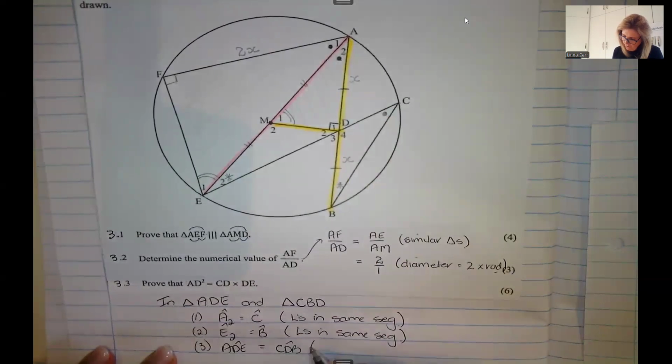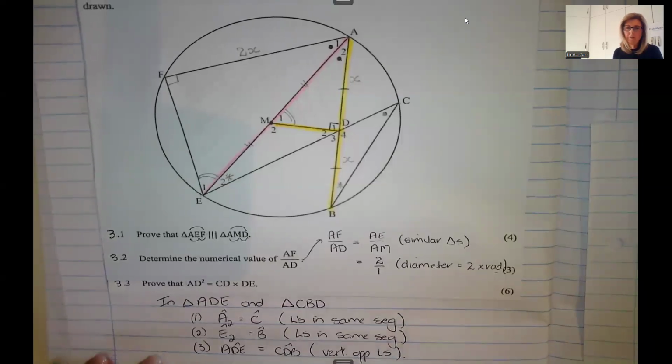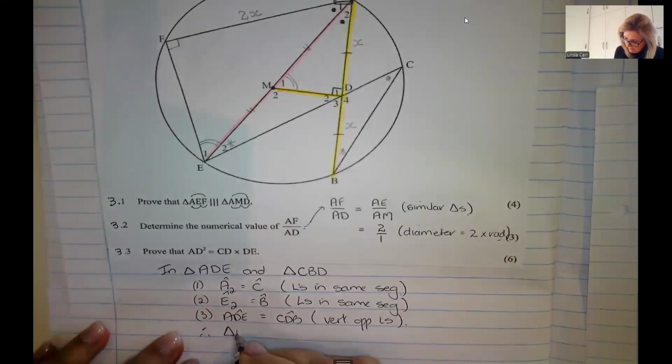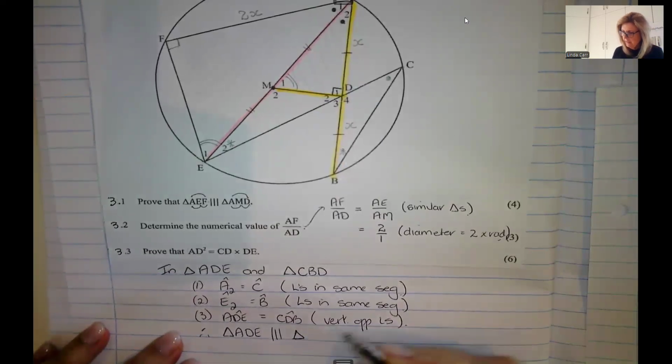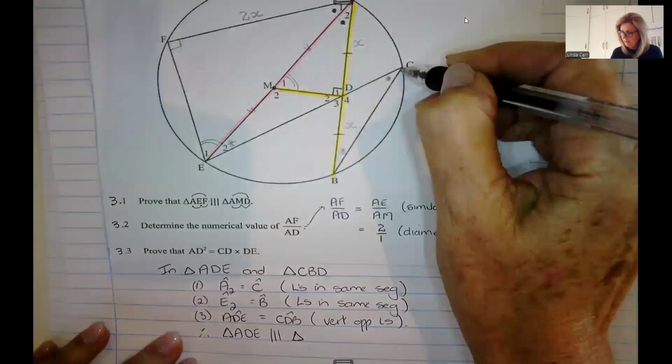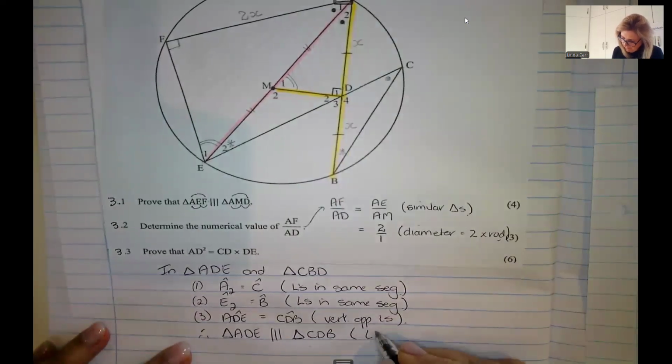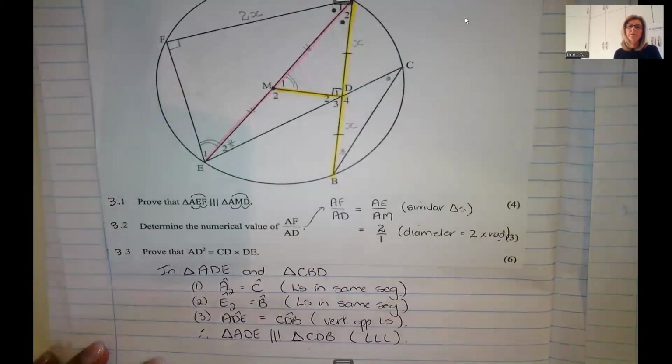And you can say vert-op angles, or you can say third angles of triangles. Whatever we state, we can now state that triangle A to D to E is similar to C to D to B. And that will be angle, angle, angle.